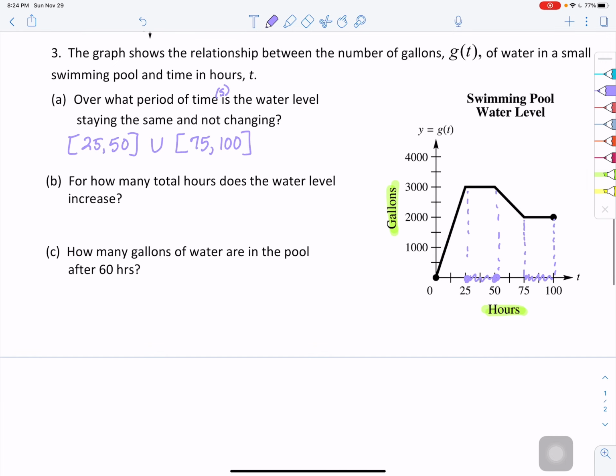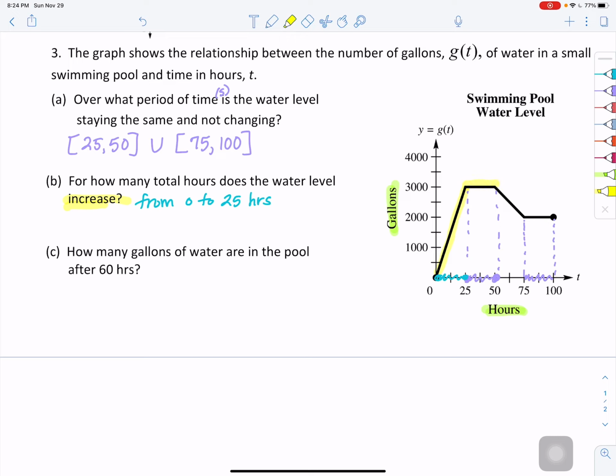For how many total hours does the water level increase? So let's work from left to right. We are increasing from here, from 0 to 25 hours. Okay? And then, so I'm just going to write this from 0 to 25 hours. And then let's see if we have any other areas.